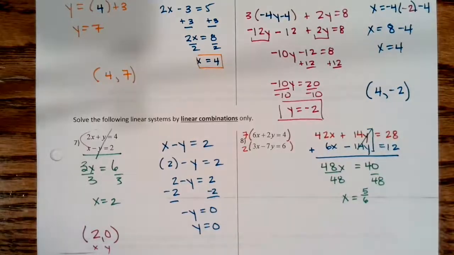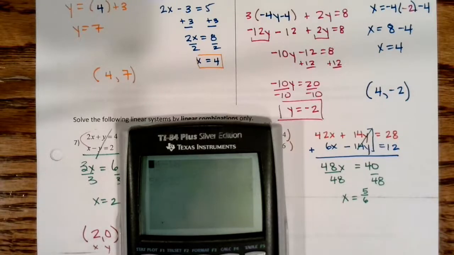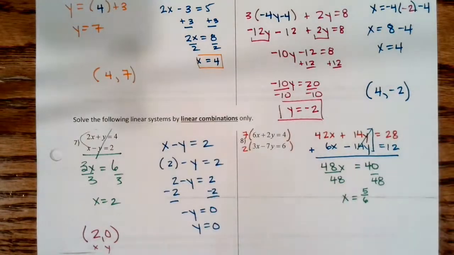Don't forget, if you're not sure of this math, you can always go to your calculator and you can say 40 divided by 48 and then do math, frac, and get your fraction that way. We do want to keep the answers in fraction form.